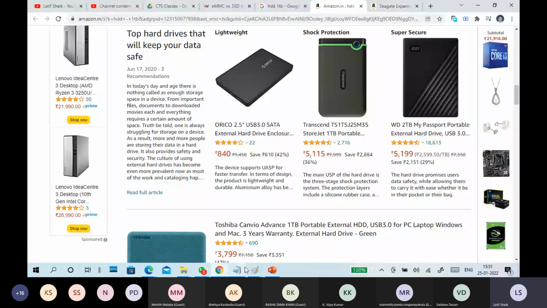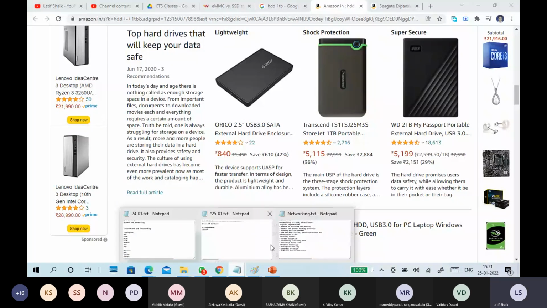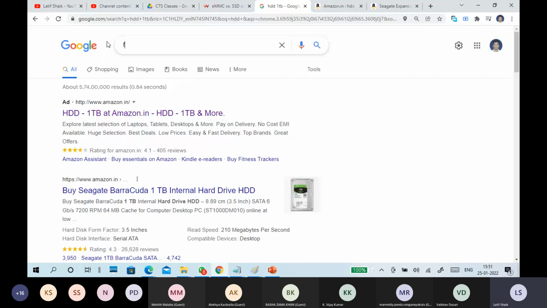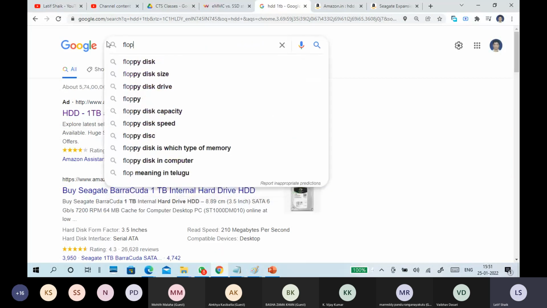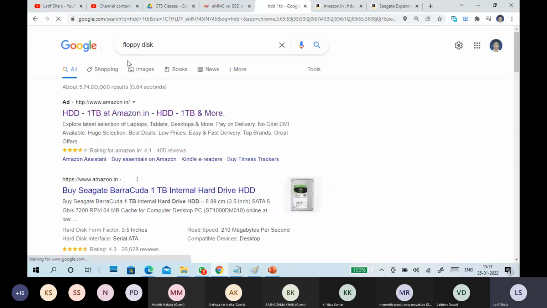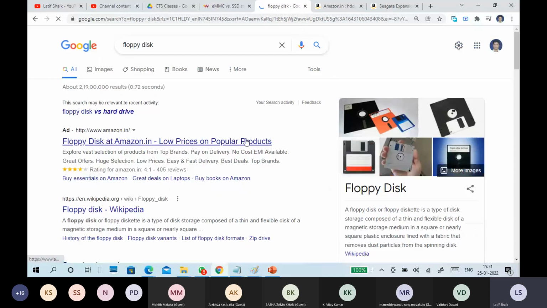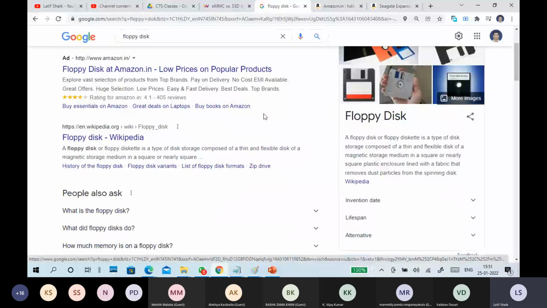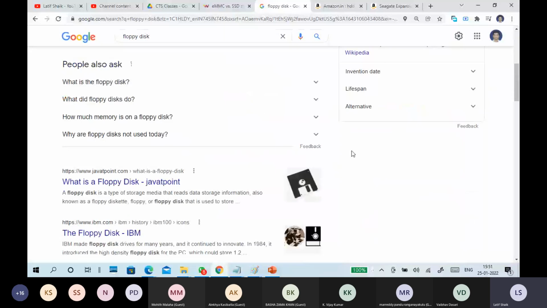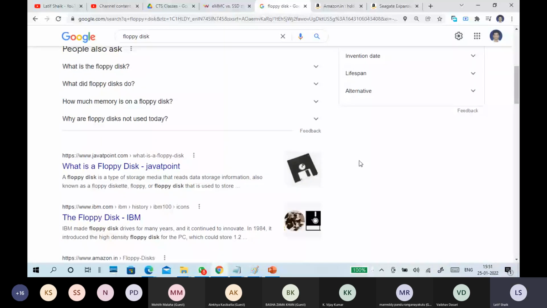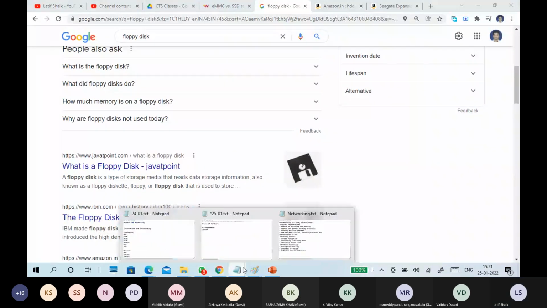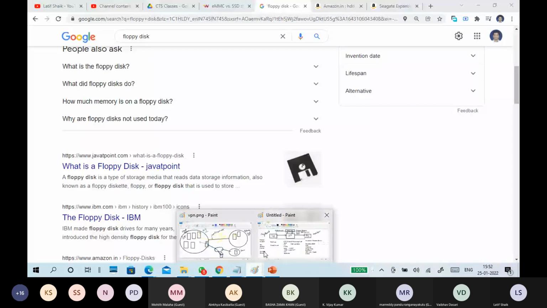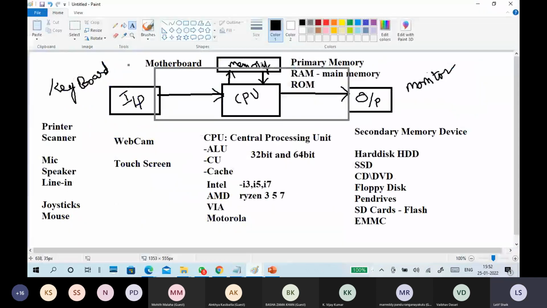And next, you're asking the question: what is a floppy disk? Nowadays, we are not using floppy disks because the storage size is 1.44 MB maximum. Two types of floppy disk are there.